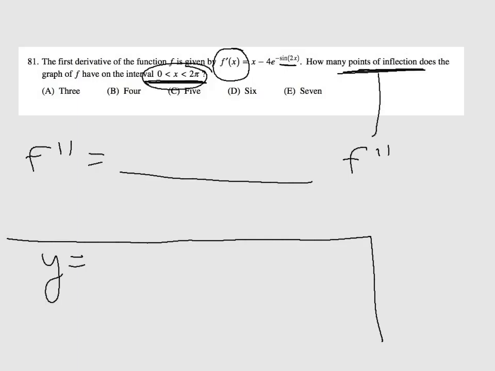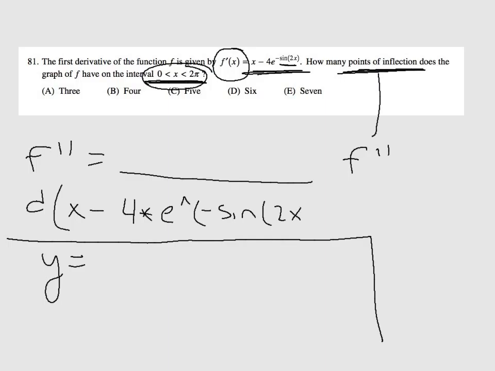Okay, we're writing in our script to find the second derivative, which is the first derivative of this, in our f3. Let's bring up the derivative function. We're going to go x minus 4 times e, and when e pops up, we're going to have this arrow, and we're going to put the parentheses, and the parentheses actually comes with it, the negative sine of 2x.